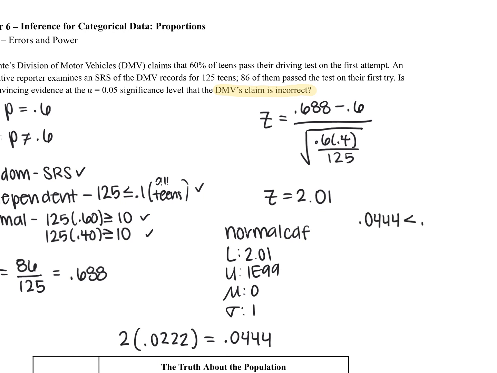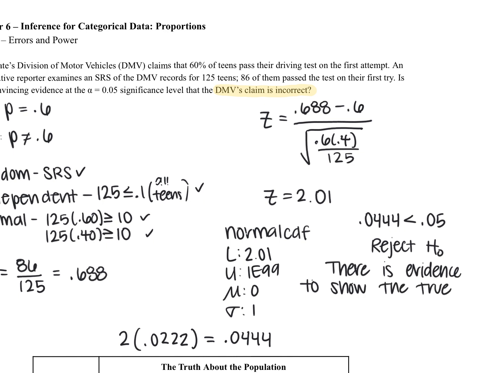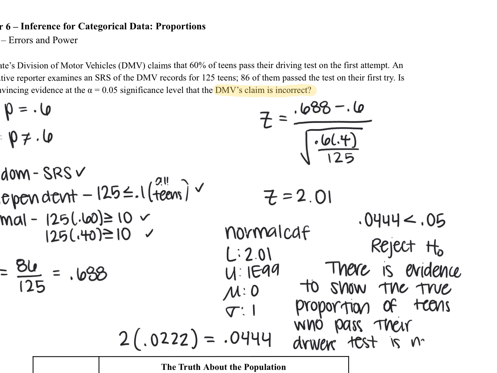So now when I compare my p-value to alpha, 0.0444 is less than my alpha of 0.05, which means we reject our null hypothesis, which means there is evidence to show the true proportion of teens who pass their driver's test is not 60%.